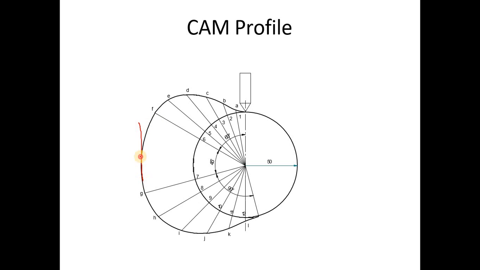There is no motion during this path. This is the rise of the follower. This is the dwell, and this is what we call the return stroke, the fall of the follower. The remaining part is again a dwell period.